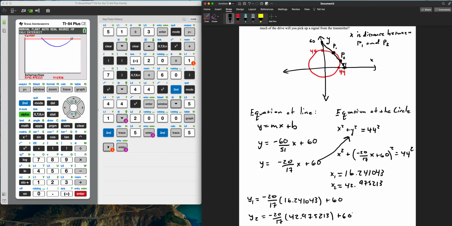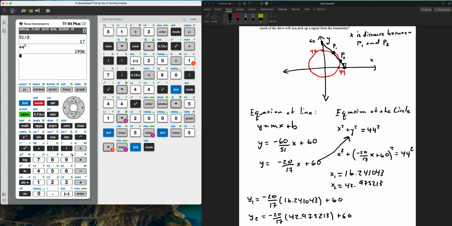Again, we're going to use a calculator to calculate what these values are. You will not do this by hand. So let's calculate what these are.